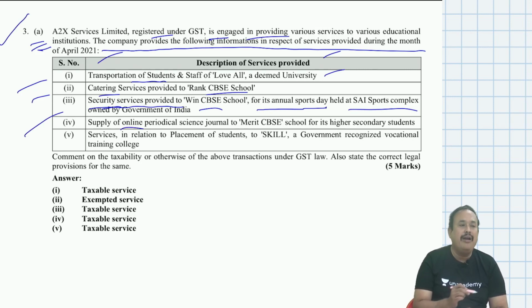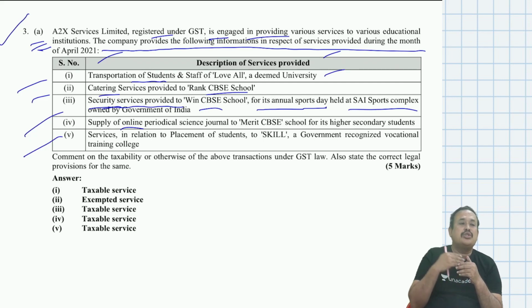Supply of online periodical science journal to Merit CBSE school for its higher secondary students. 5th one, services in relation to placement of students to Skills, a government recognized vocational training college.